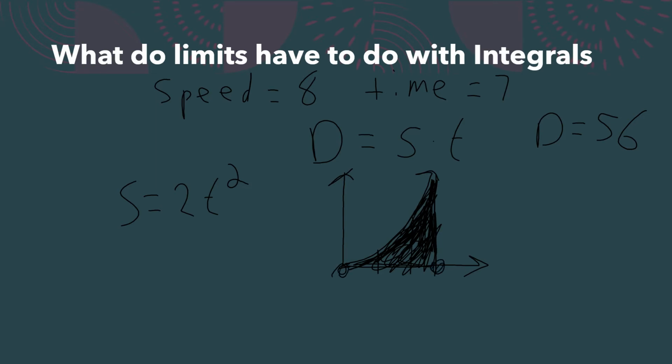But how do you find the area of such a strange shape, with this curve, this parabola, and these straight lines? The method for finding the area of these strange shapes is to use another limit process. So let me erase everything.